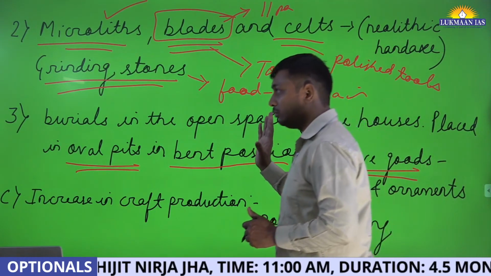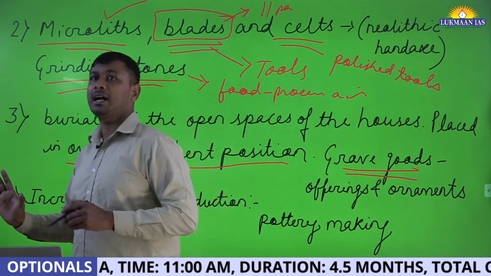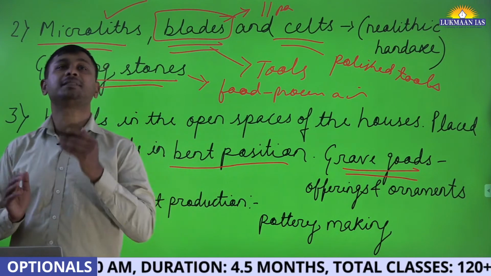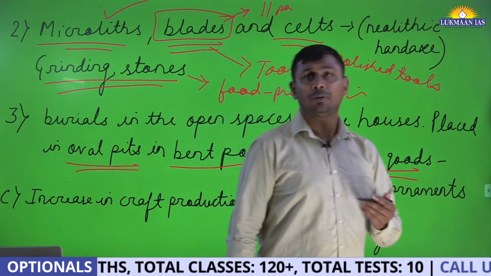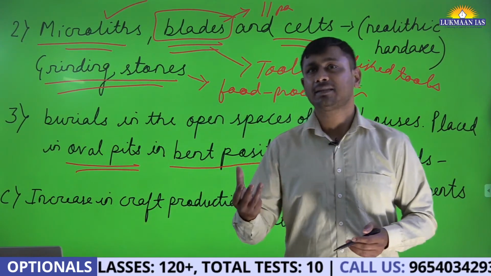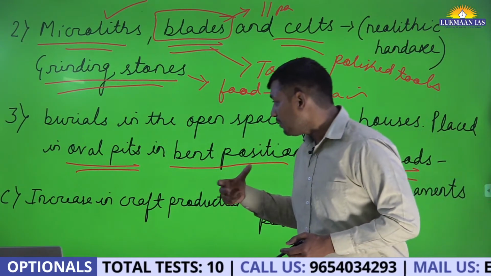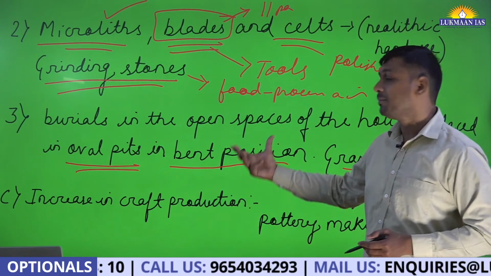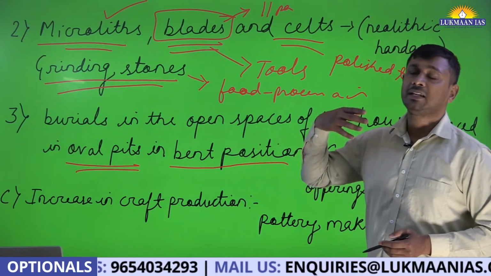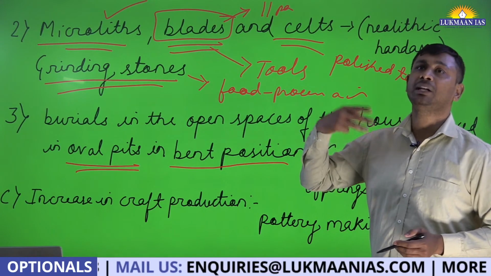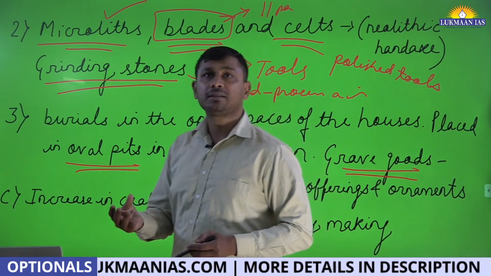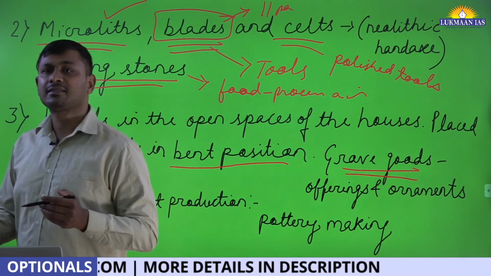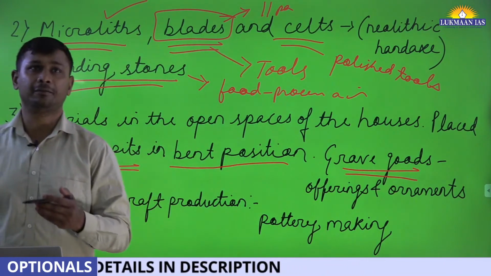That those people at that time had some kind of belief system. These are the practices associated with burial. So funerary practices and evidences show that these people had some kind of belief system. And modern-day historians and anthropologists identify that they had some kind of cultic belief.